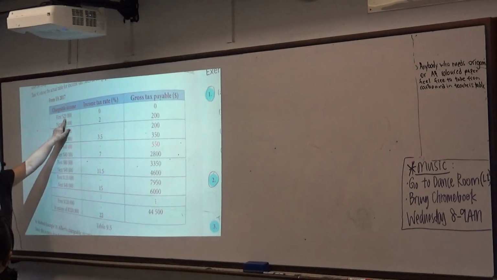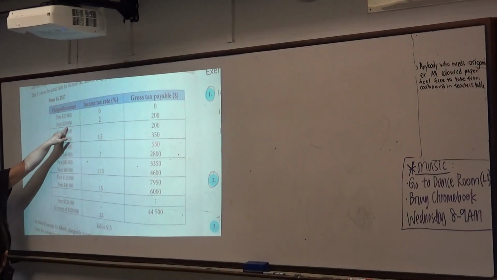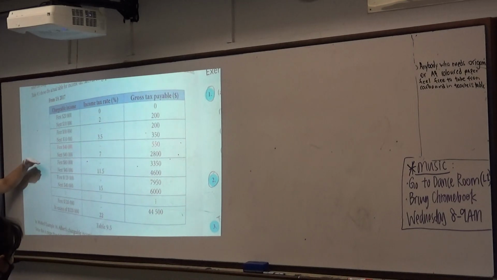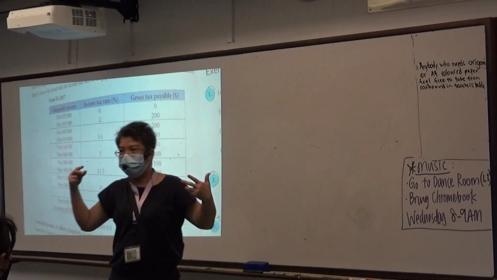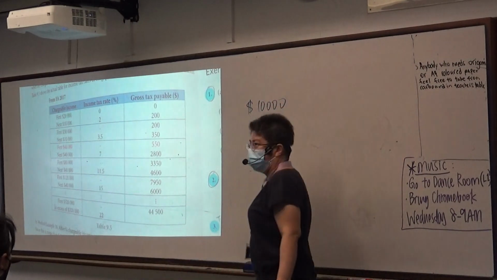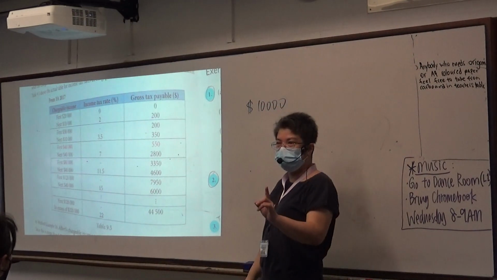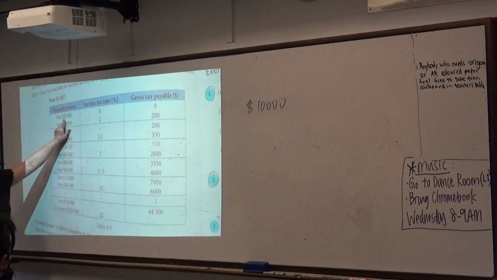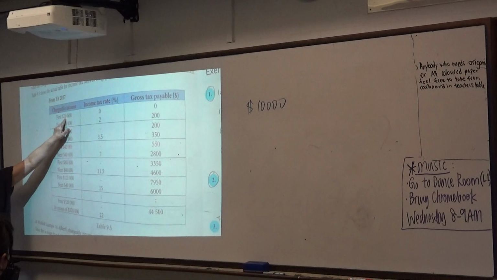You must know which row to choose. I'm going to explain to you now. If I have a person, the chargeable income is 10,000. All of you look at the board. This is important. Can you see if the chargeable income is 10,000, it falls within here.